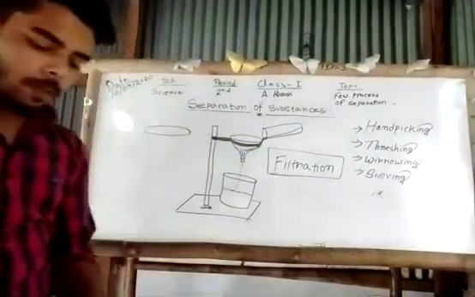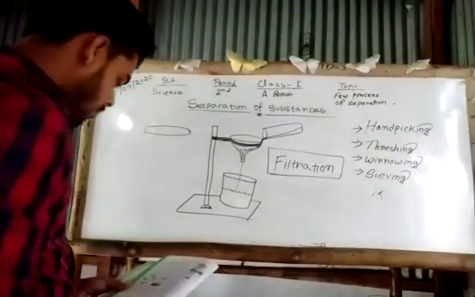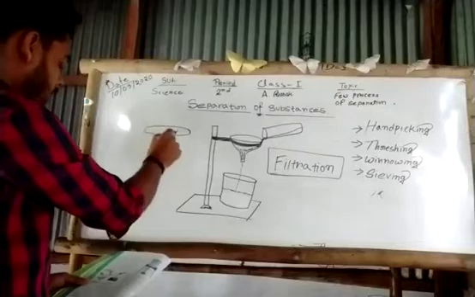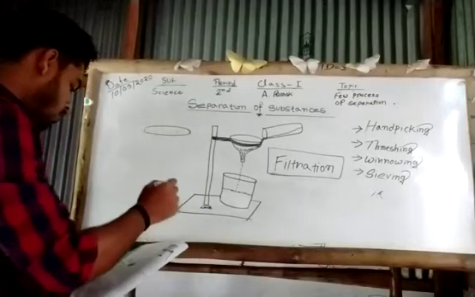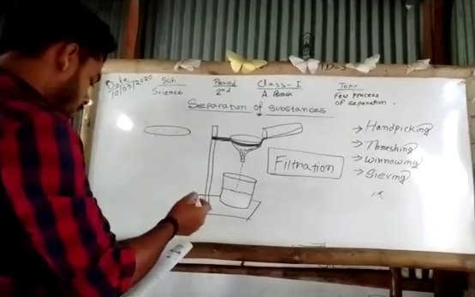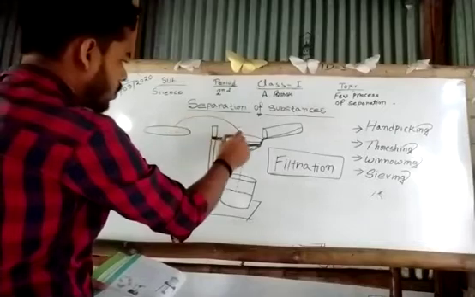A filter paper is one such filter that has very fine pores in it. A filter paper folded into a cone is fixed onto a funnel.